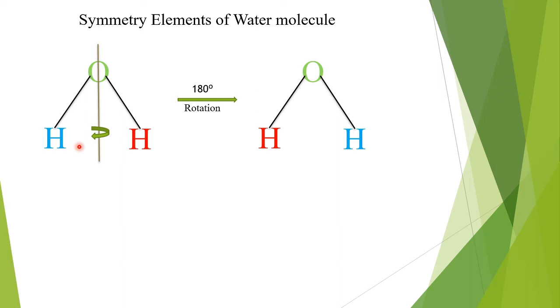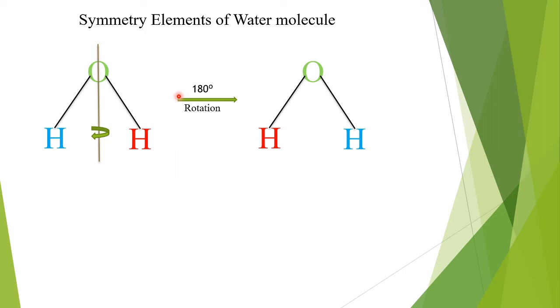What's the next symmetry element the water molecule possesses? It's the plane of symmetry. Can you think of the planes the water molecule can possess? You can pause the video and try out which planes the water molecule possesses.